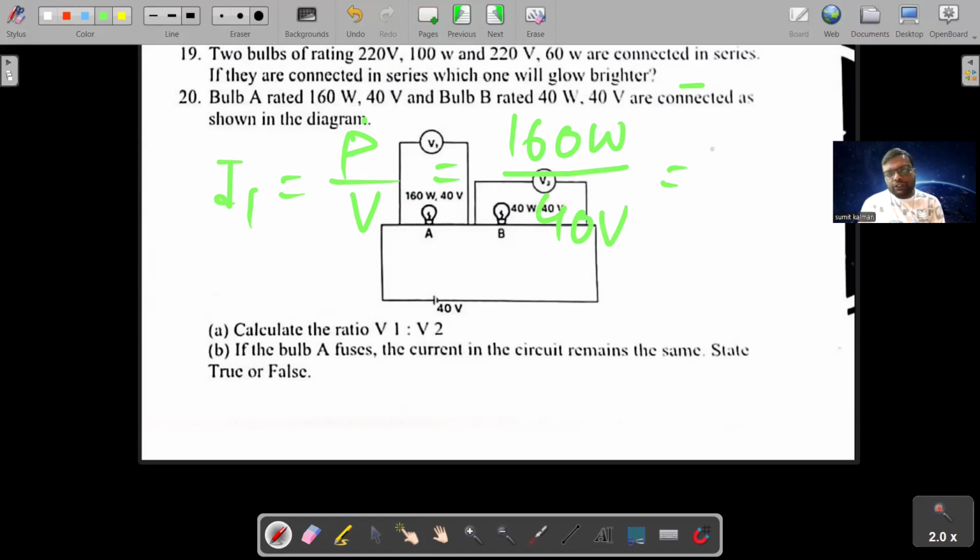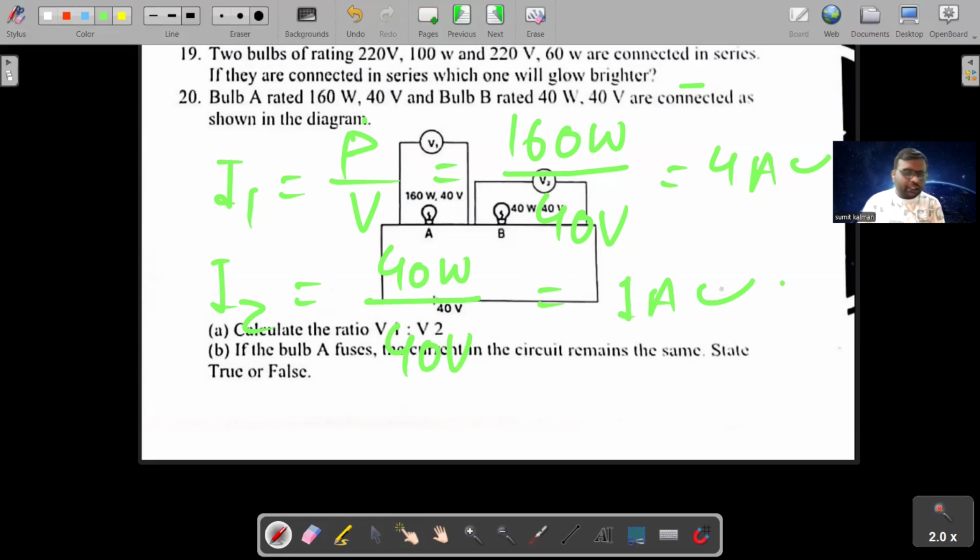So here we get a current of 4 ampere. Now calculate the current for bulb B. Power is 40 watt, voltage is 40 volt, so here we get 1 ampere. So we have I1 as 4 ampere and I2 as 1 ampere.